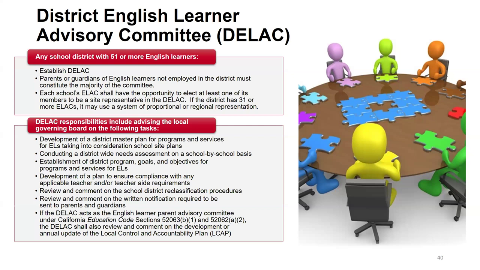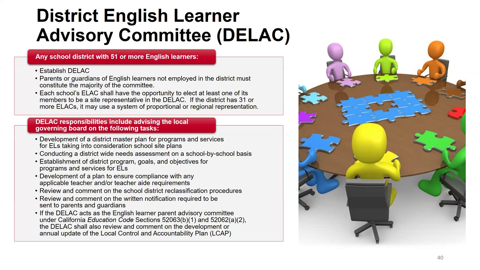Like the ELAC, the DLAC has specific advisory responsibilities, and they advise the local governing board on the tasks here on the screen, which is to inform the training of the DLAC. Some of the topics, similar to the responsibilities of the ELAC, are to advise on the programs and services for English learners, but at the district level, and they would give input to the EL master plan and to needs assessment.